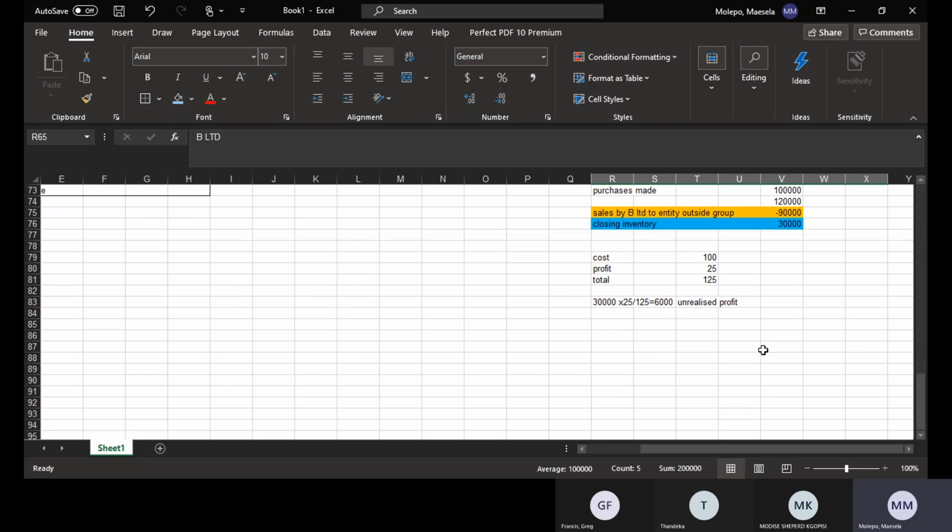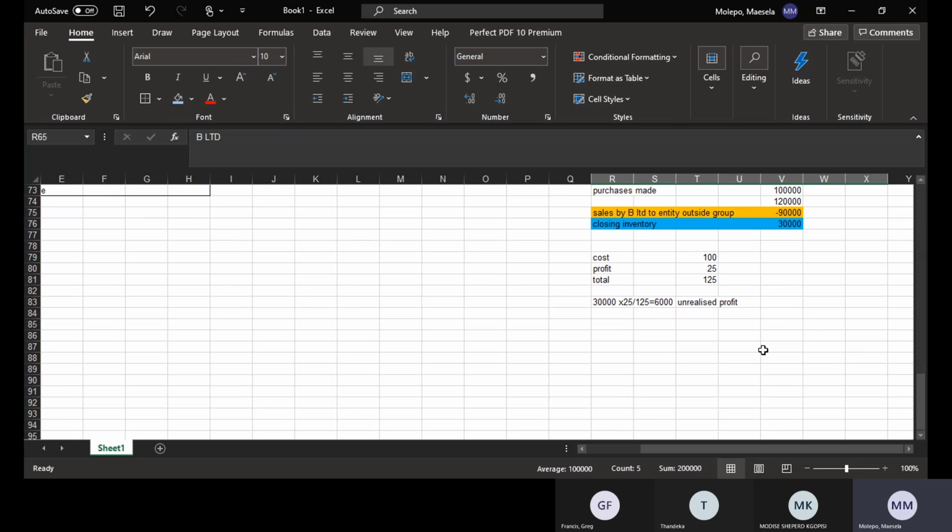When a shareholder or an outsider evaluates the group statement, the group is regarded as one economic entity, and a single entity will not enter into transactions with itself. We should eliminate any sales between companies in the group. Therefore, we need to eliminate the intra-group sales of 100,000, the sales versus the purchases.